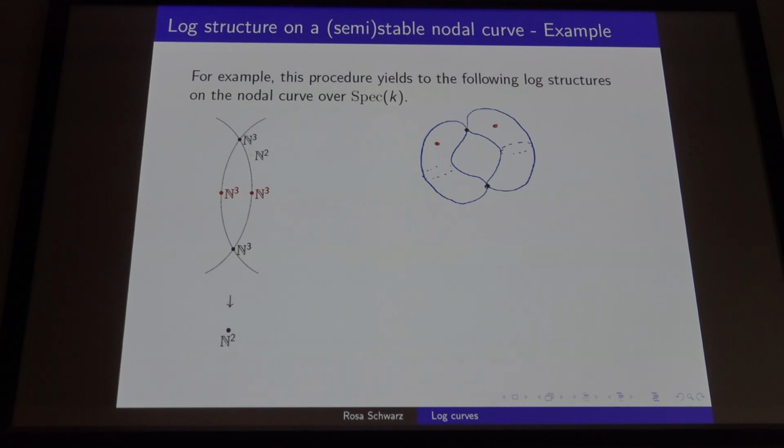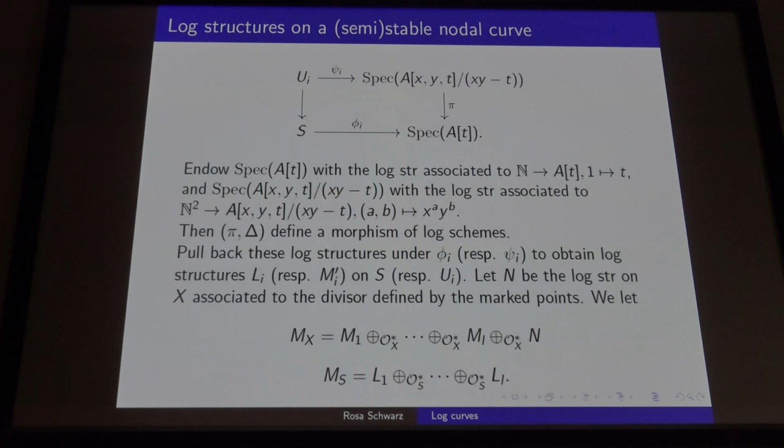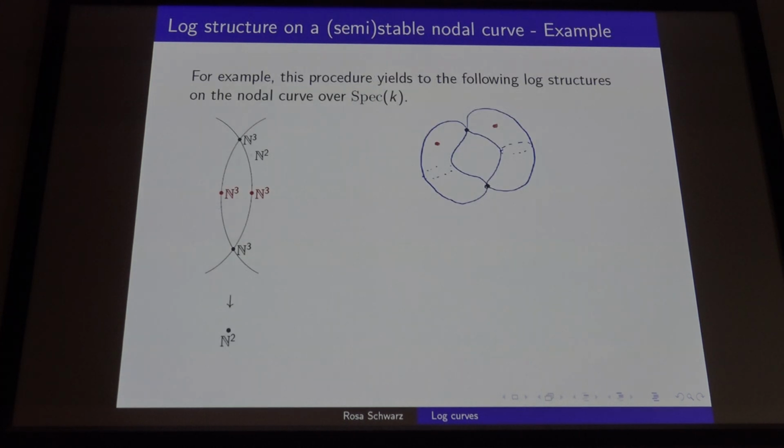And at smooth points it will also be just N squared because you've just pulled back from S. And at the marked points an extra copy of N will appear. And we can check what we've done here with the first theorem, theorem 1.3 in Kato, to check if what you have is correct, and that will be the case. You can also check it with the table of local descriptions of your curve. It will also be like that.